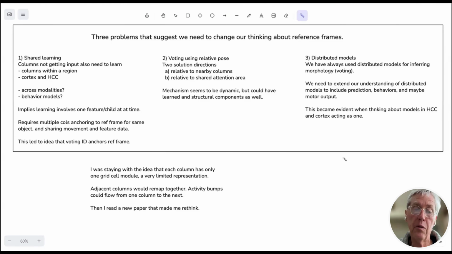Does anyone else want to ask questions about any of these? Maybe just to throw it out as another alternative to the shared learning.